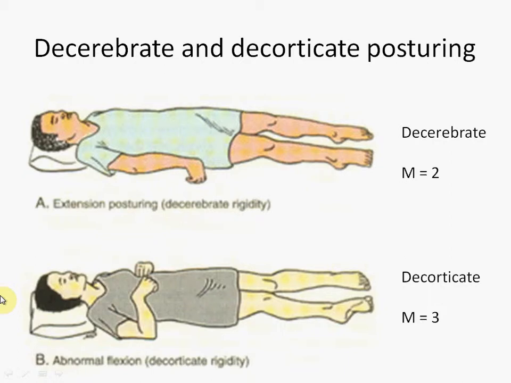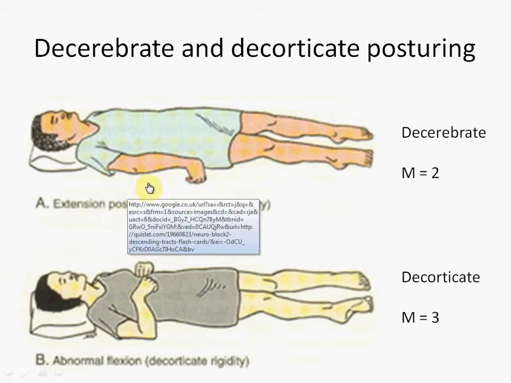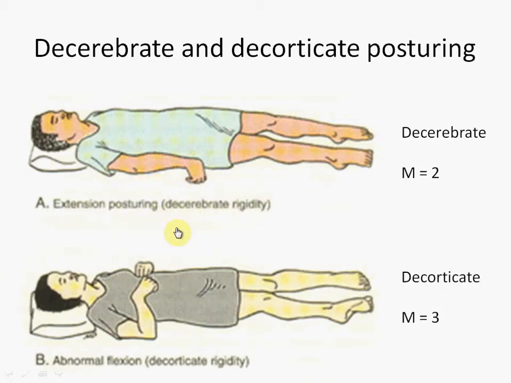If however you do a sternal rub and they do this, their arms extend at the elbow, and their wrists flex, their legs extend, the feet plantar flex, this is worse. Well, it's not worst because scoring 1, which is no response at all, is worst. But this is bad, and this is worse. And this scores 3, this scores a 2.